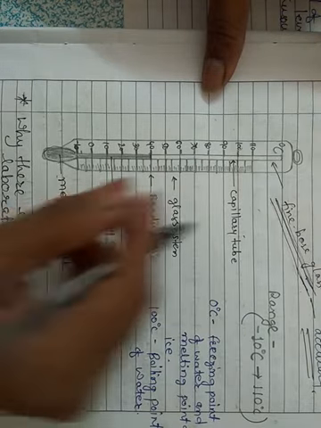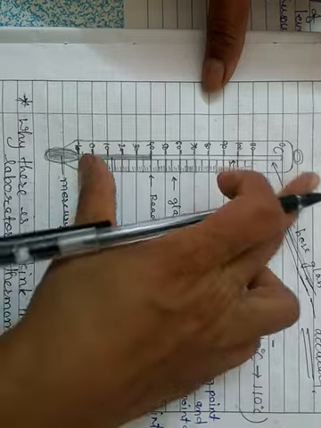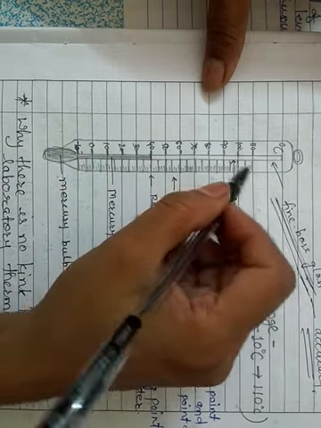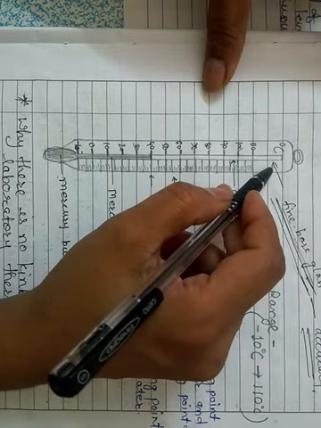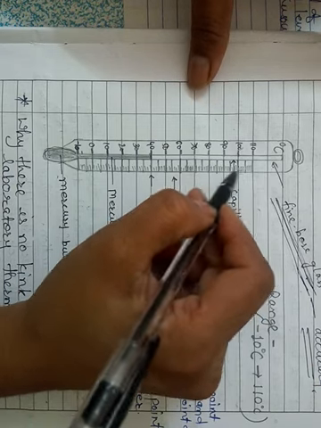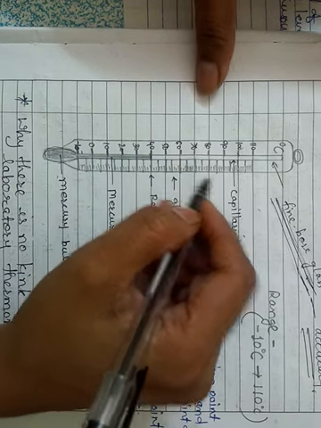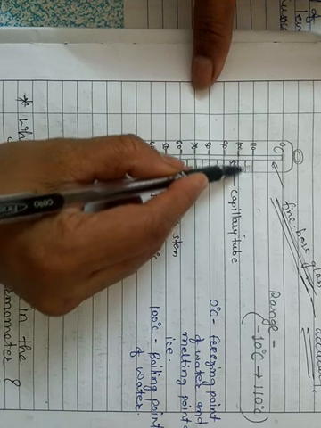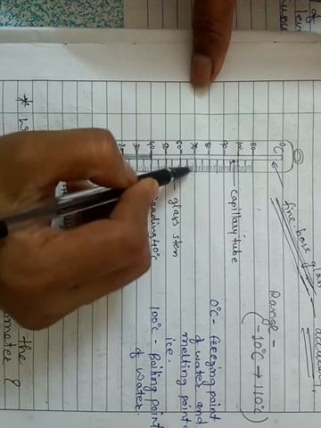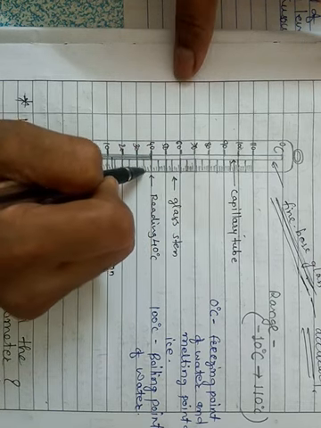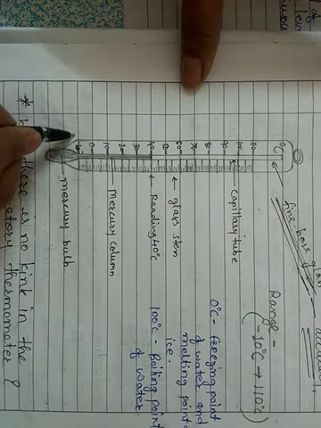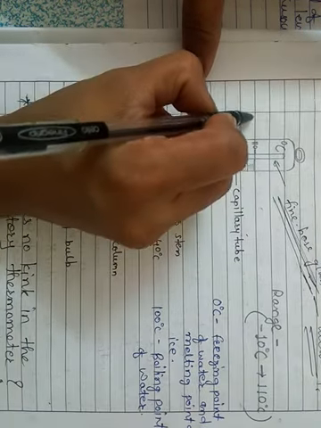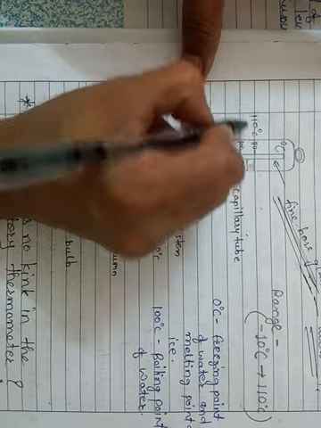The clinical thermometer has the smaller stem, but the laboratory thermometer has the longer stem. And this stem is graduated in degrees. Graduated means it has markings of these divisions.